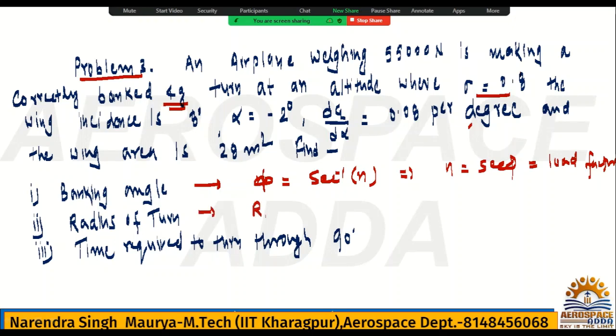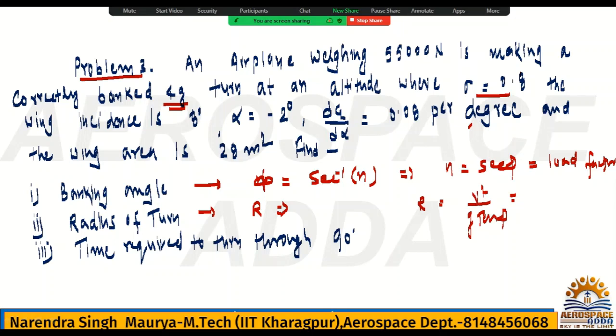What is R? R is the radius of turn. And what is the formula for R? You know that formula. It is V squared upon g tan phi. Here V is the velocity during turning, the turning velocity.